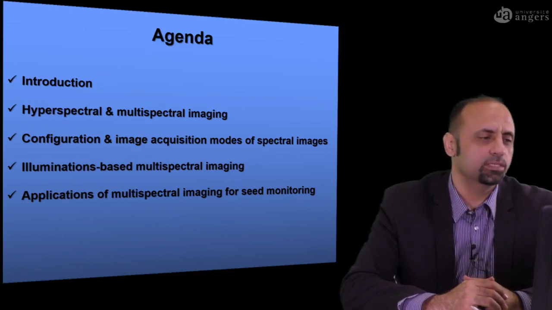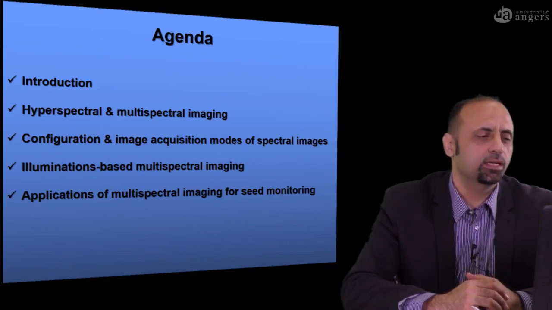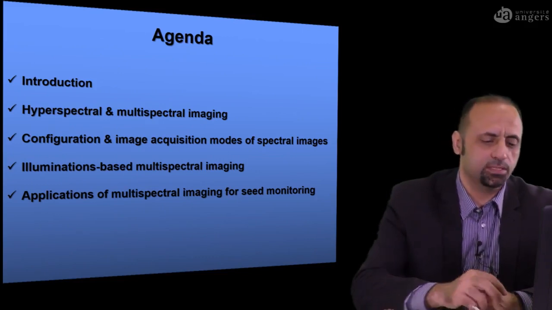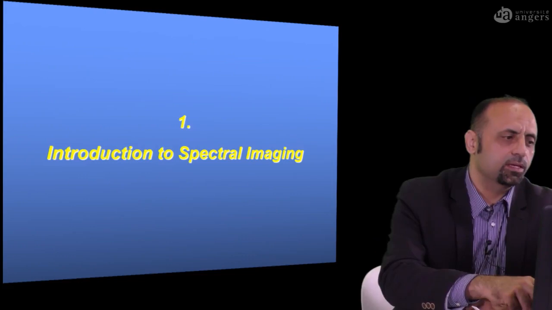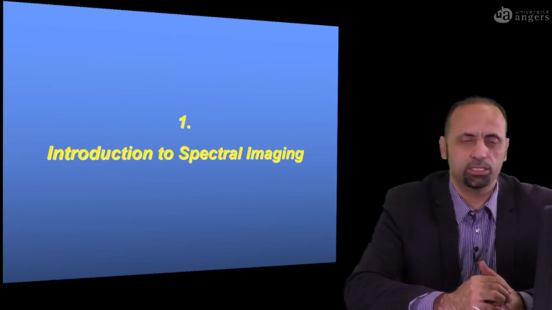And we will shed some light on one of the most important technologies, called illumination-based multispectral imaging. And finally, we will present one case study of using multispectral imaging for seed monitoring. With the first session, I will give you some introductory information about spectral imaging in general.